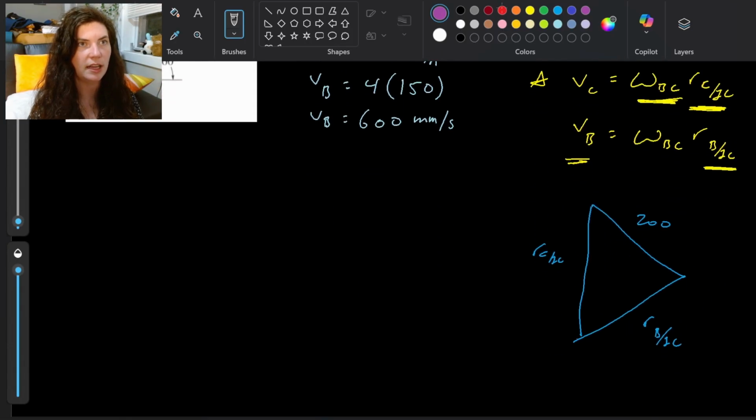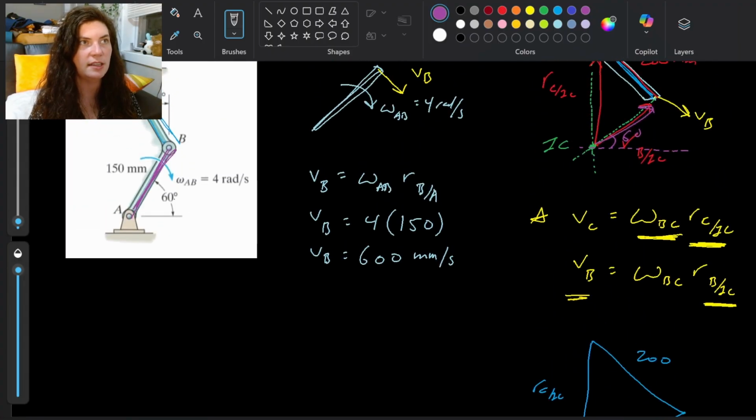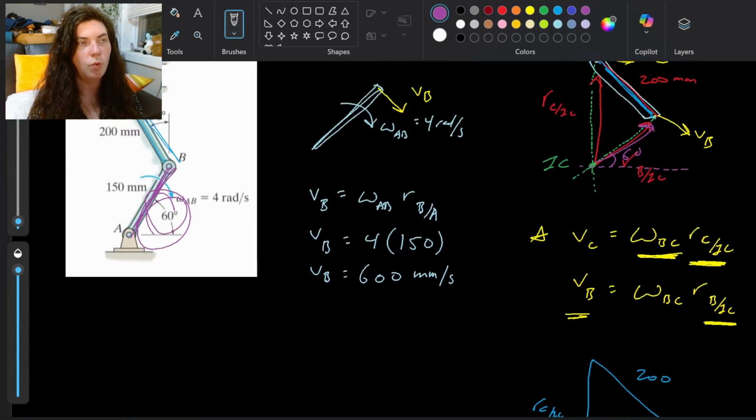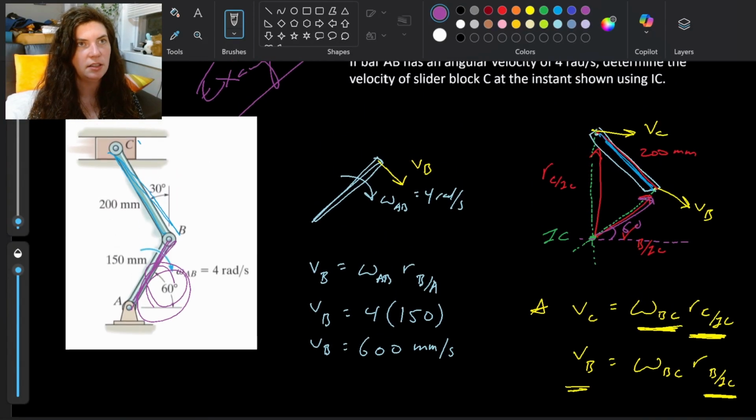Okay, so if I put that in down here, this is 60 degrees because this is 60 degrees, right? They're the exact same angle. So if that's 60 degrees and this RC with respect to IC is a vertical line, then that means this interior angle has to be 30 degrees. 90 minus 60 is 30.